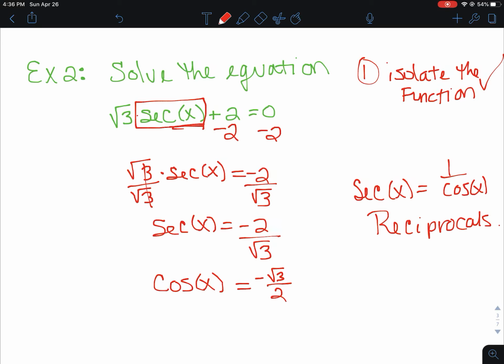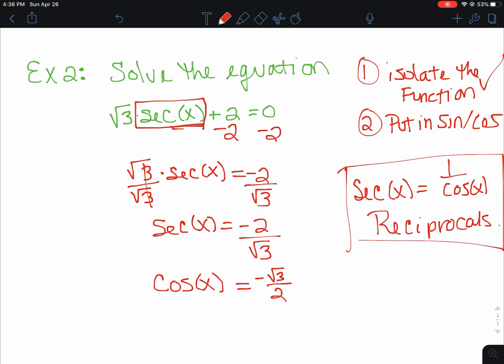All right, so we have isolated the function, and for our unit circle purposes, it's going to be really helpful to put them into terms of sine and cosine. So if you need to use a trig identity like we did here, try and use one of those to put them in terms of sine and cosine, and that helps us use our unit circle.